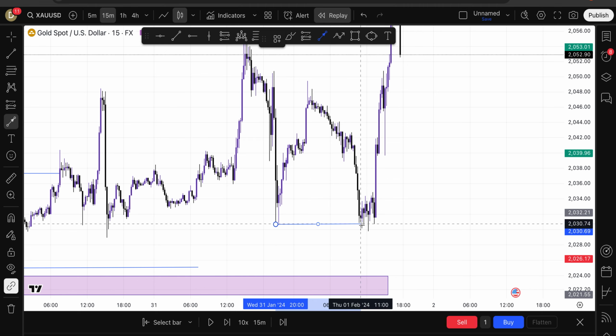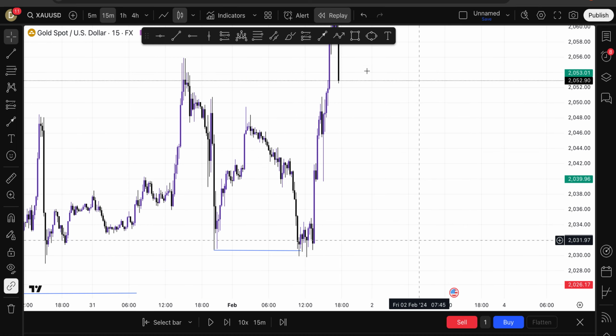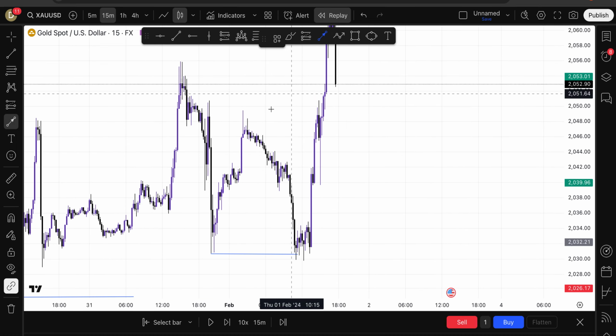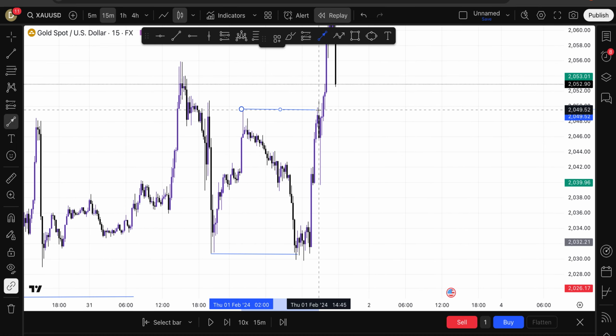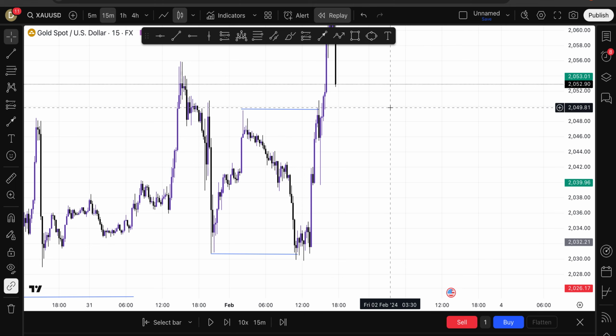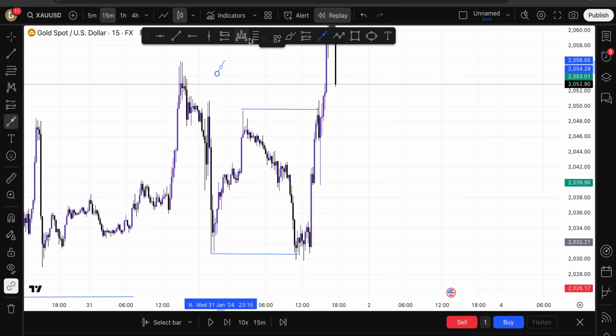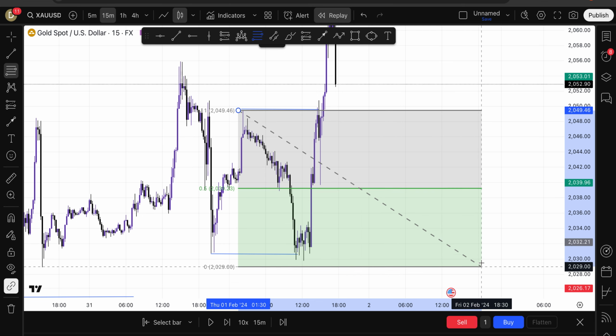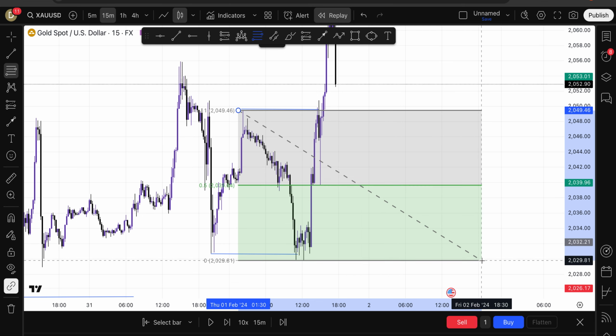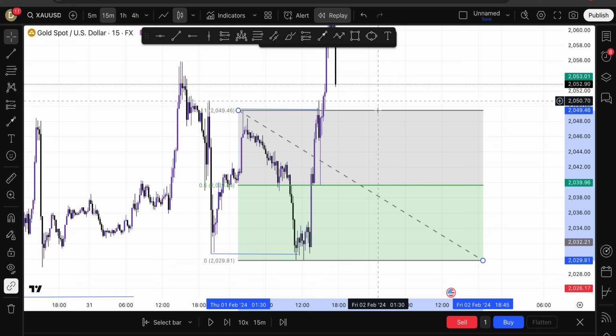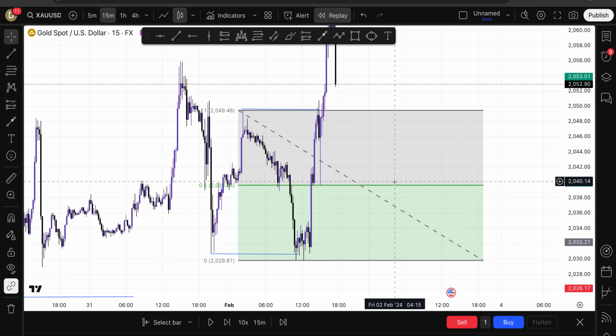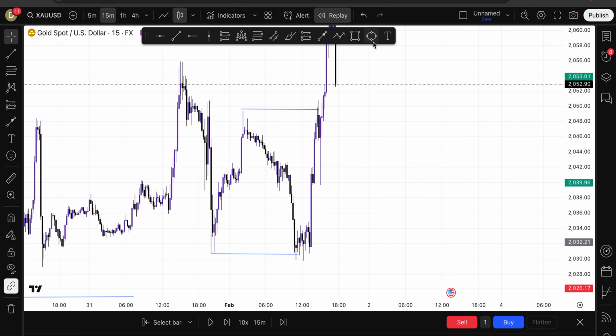Our sweep. Our break of structure. Then let's see if we have our 50%. Okay, we have our 50%. We have our 50% under here.